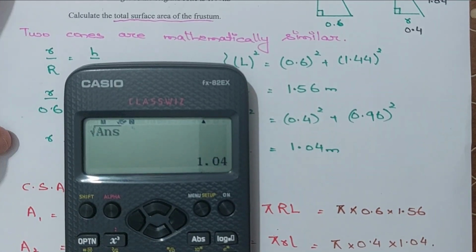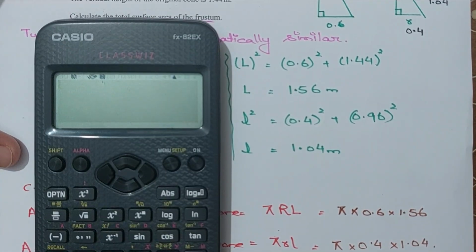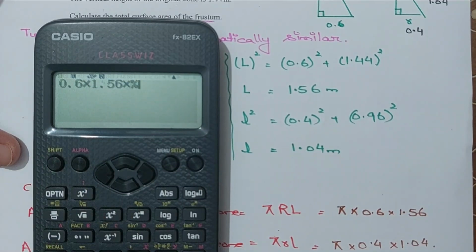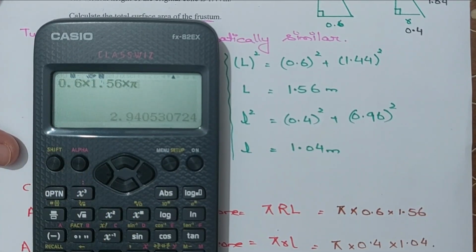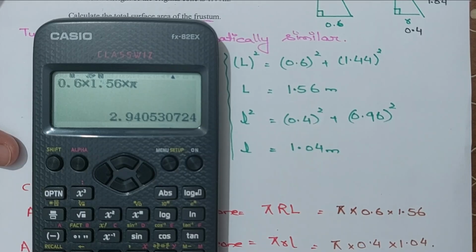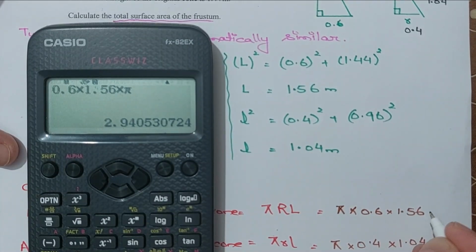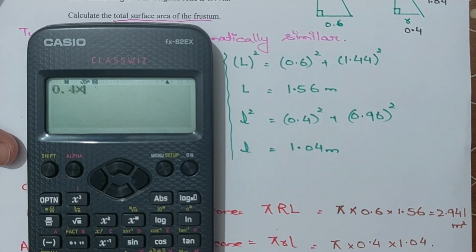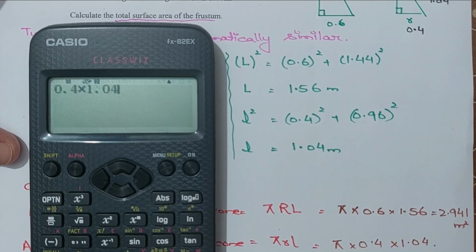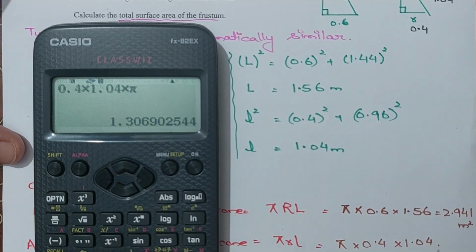All right, so let me work on this. 0.6 times 1.56 times pi is 2.941 meter squared. The other one, 0.4 into 1.04 into pi, is 1.307 meter squared. All right.